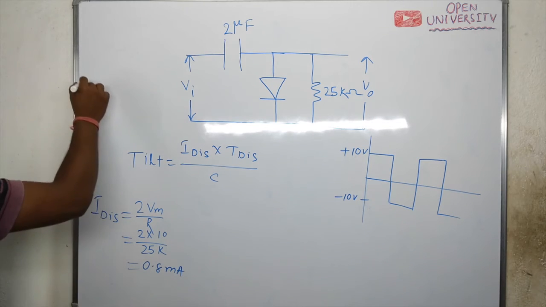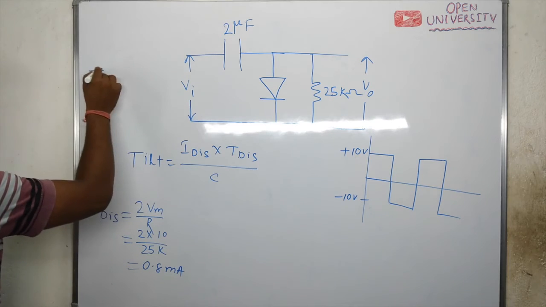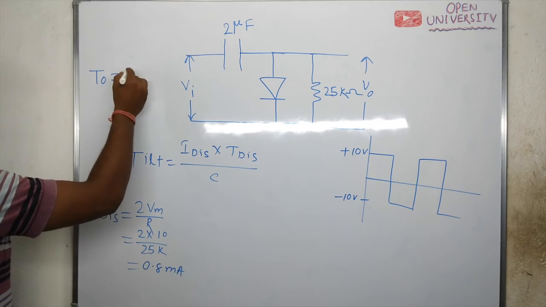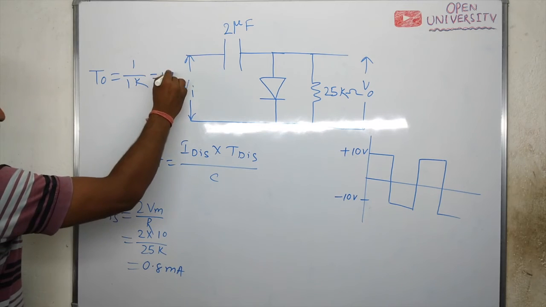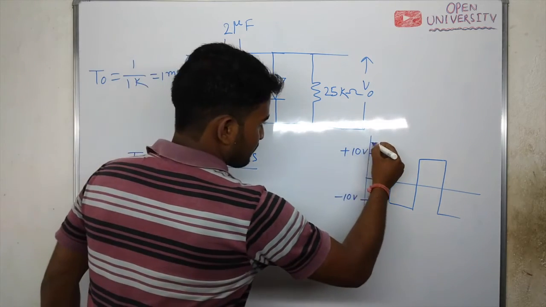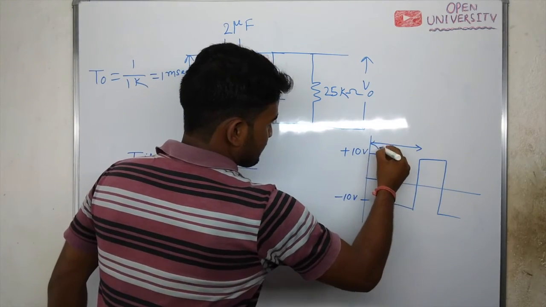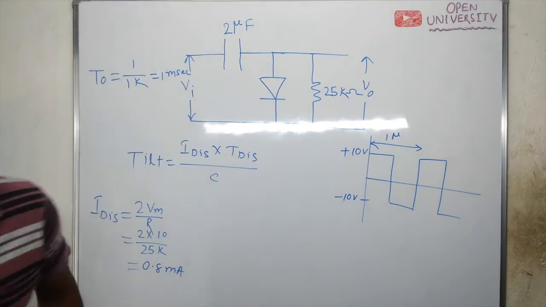In the question, the input frequency is given to be 1 kilohertz. So the time period will be 1 by frequency, that is 1 by 1 kilohertz, that is 1 millisecond. So the time period of the input signal is 1 millisecond.